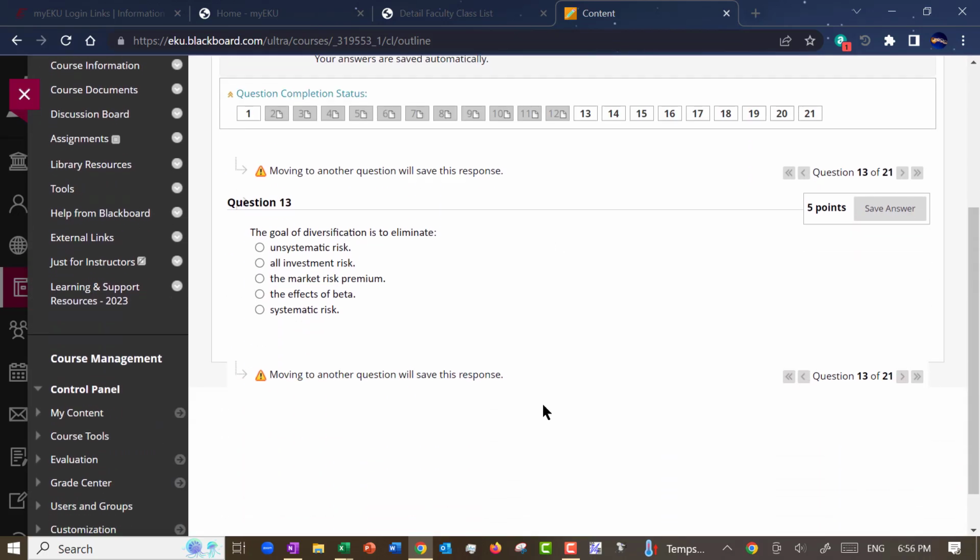What's the goal of diversification? Why do you do that? It's the main purpose of having a diversified portfolio. What do you think? Since nobody's answering, I might as well talk to you guys.